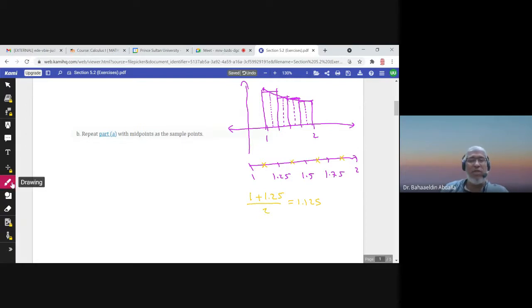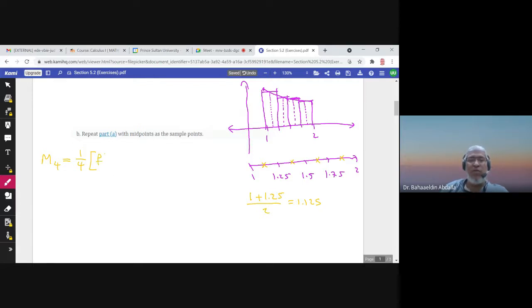So in this case, we will have M4. The delta x doesn't change. It is 1 over 4, but the heights of the rectangles change because we are going to use the midpoint.